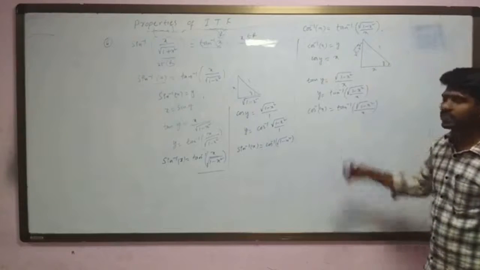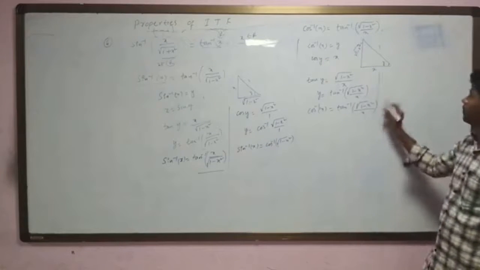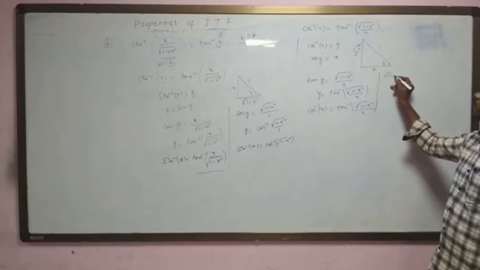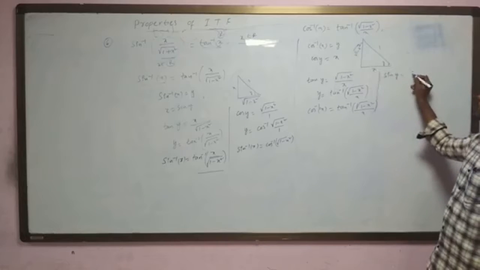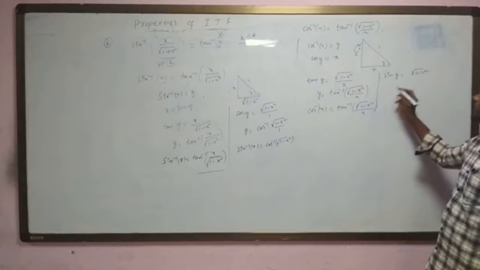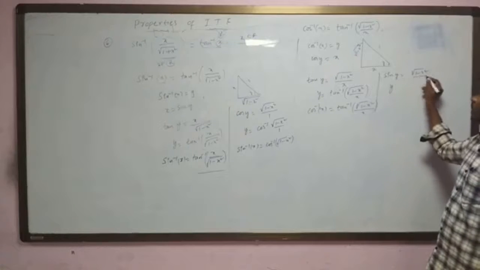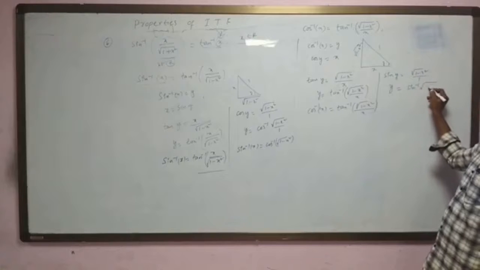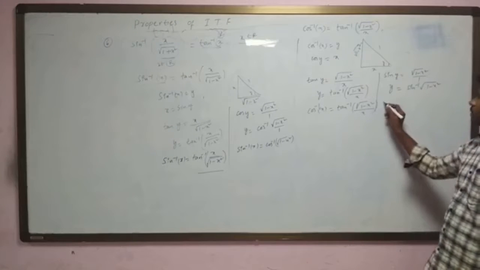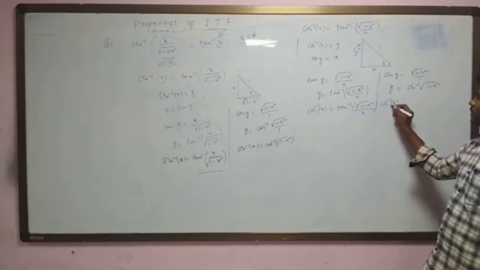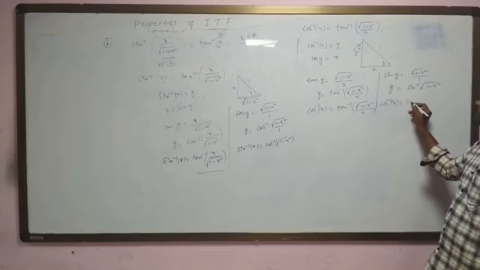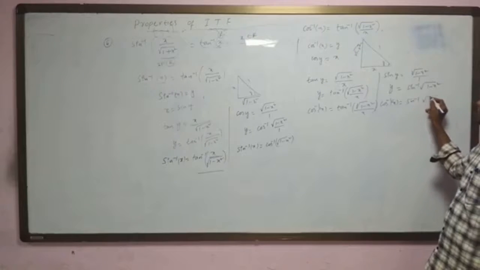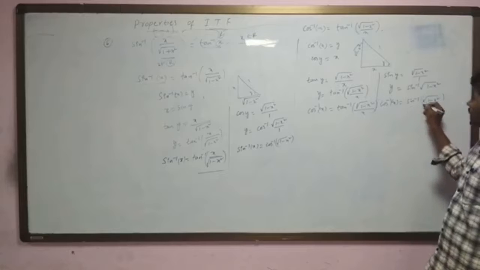If I want to express in terms of sin, sin y is equal to root of 1 minus x square by 1. So y is equal to sin inverse of root of 1 minus x square. So cos inverse x is equal to sin inverse of root of 1 minus x square.